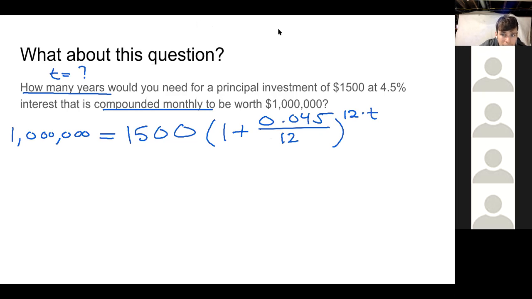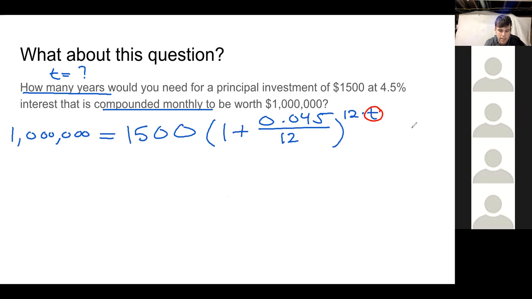So what do we need to do here? There are a few ways to approach this problem. We could start guessing. We could just make some guesses for t. We could say, I don't know, maybe it's 60 years. Just throwing out a number there. So I'm just gonna do a quick calculation where I'm just kind of estimating it.